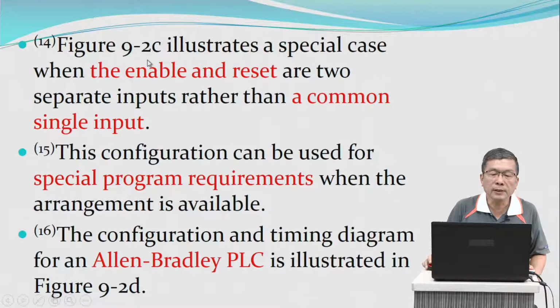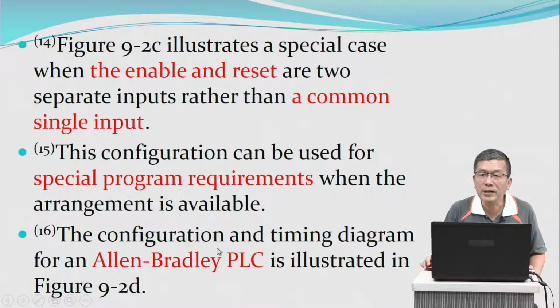Figure 9.2c illustrates a typical case when the enable and the reset are two separate inputs rather than a common single input. This configuration can be used for special program requirements when the arrangement is available.